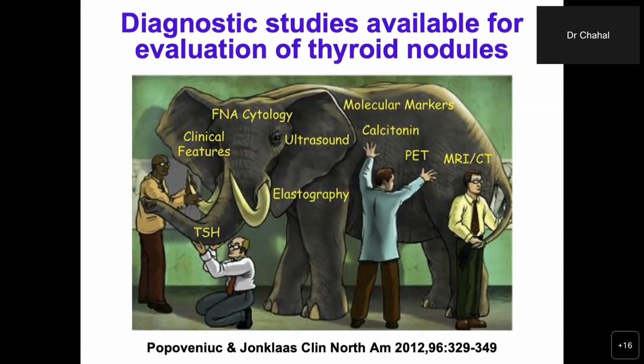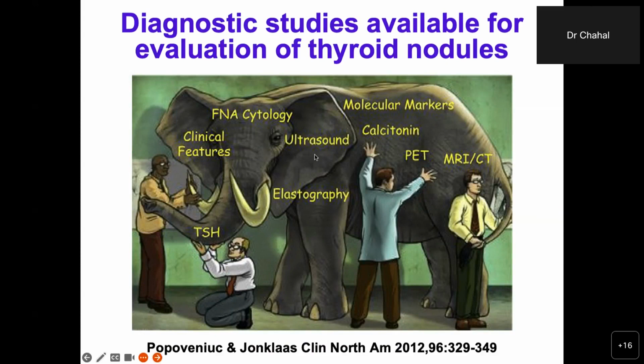But there's a whole host of tests you can do, but only a limited amount of tests that really matter in clinical practice. So I suppose the clinical features are important. TSH, there is a view that if the TSH is suppressed, for example, in hyperthyroidism, you are less likely to see patients with thyroid cancer.